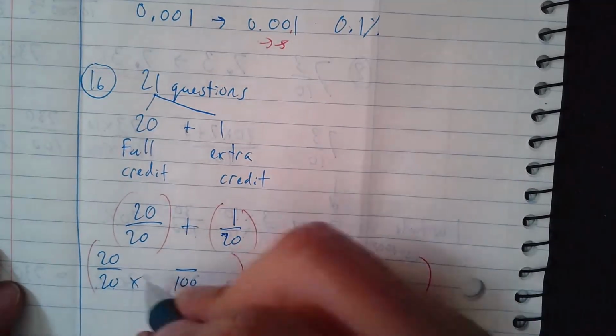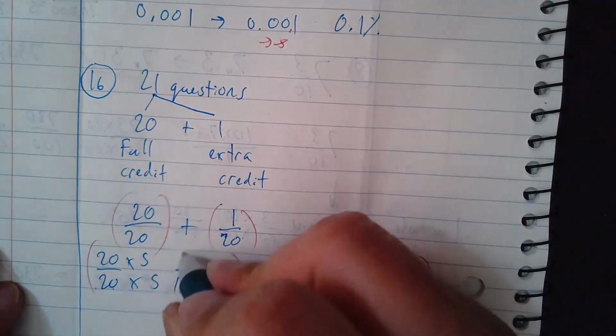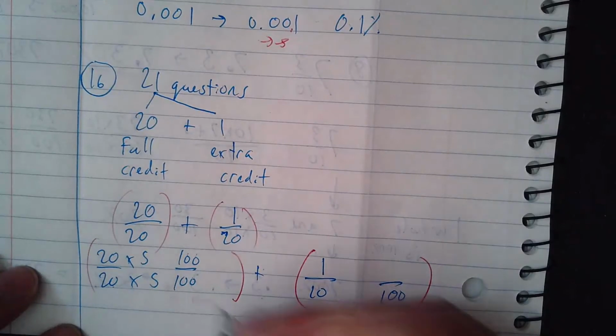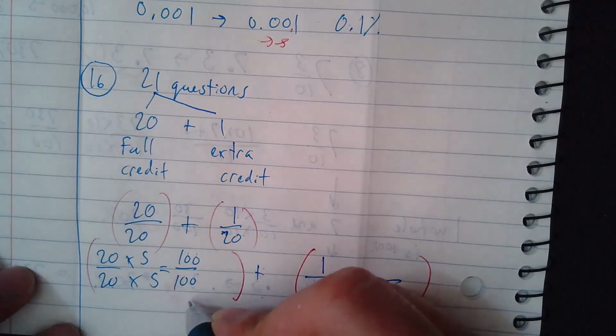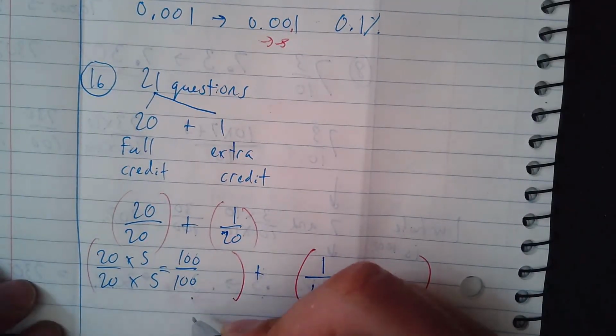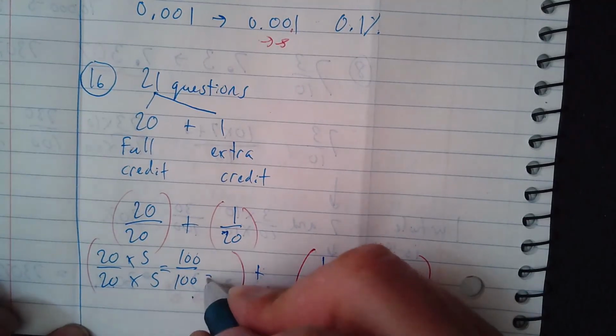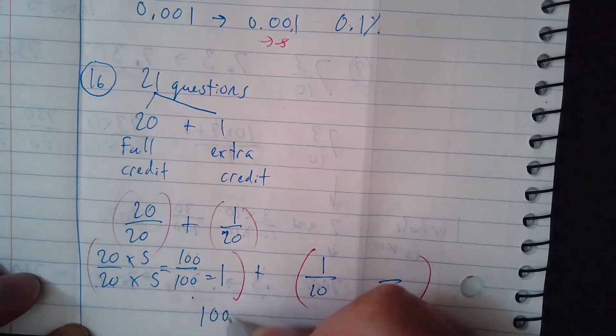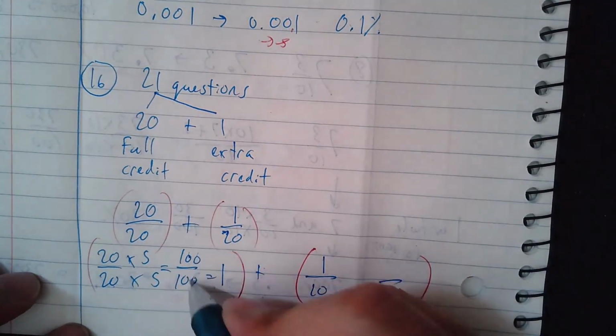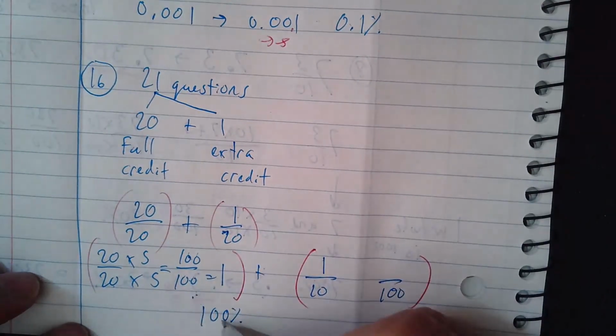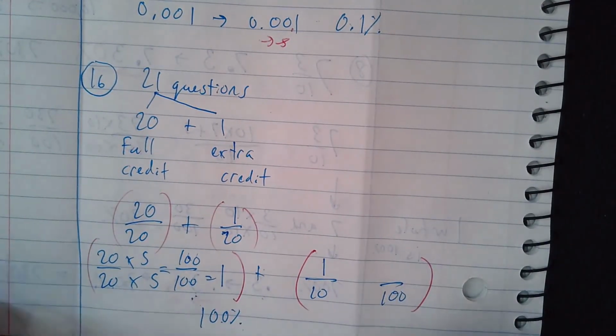Alright. 20 times 5, 20 times 5, 100 over 100. What's 100 over 100? That's just 1, but 1 is 100%, 100 per 100, 100%. Which is just 1.